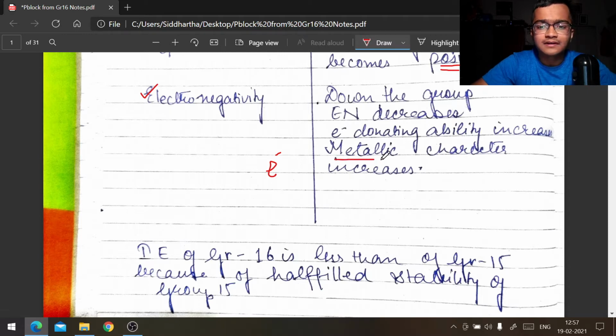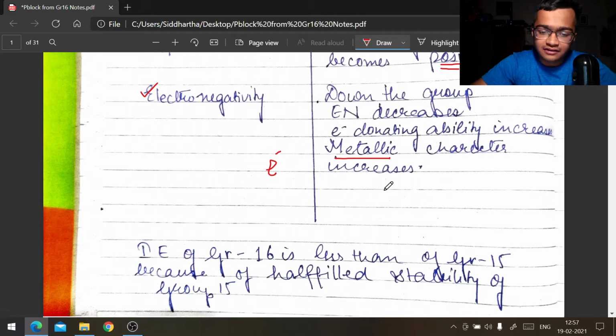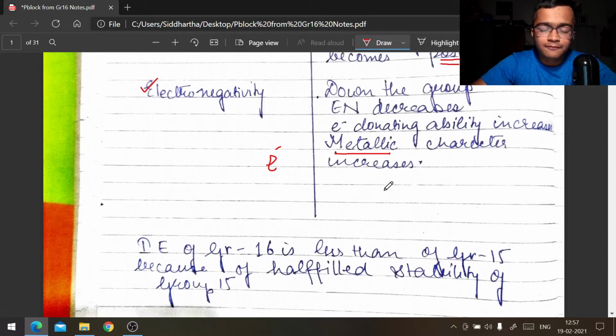Now metallic character means the metals. What will a metal do? Metals are the elements which have 1, 2 or 3 electrons in their outermost shell, and they tend to lose those electrons to attain the stable electronic configuration. On moving from top to bottom in the group, the metallic character increases. Like for group 15 elements, bismuth is a metal and nitrogen is obviously a non-metal.